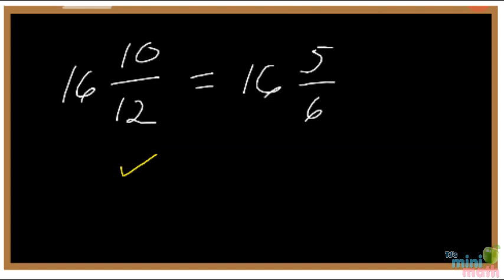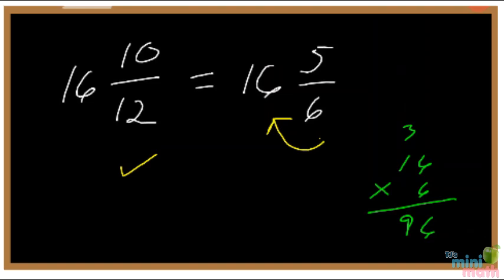So the process is we multiply the denominator by the whole number. So 16 times 6: 6 times 6 is 36, write 6 and carry 3, 6 times 1 is 6 plus 3 is 9. So you have 96.